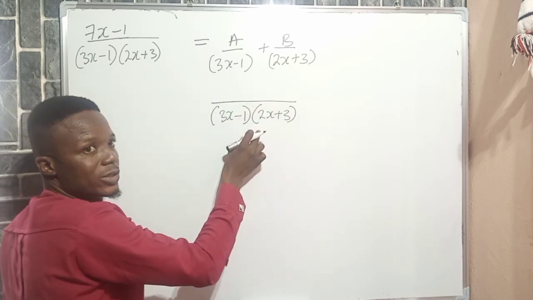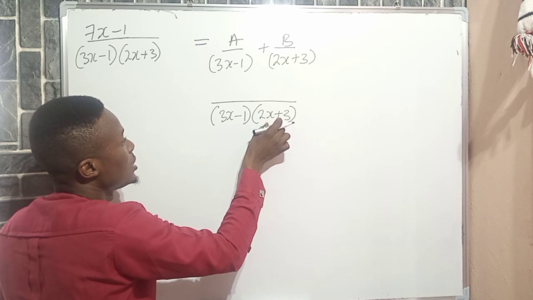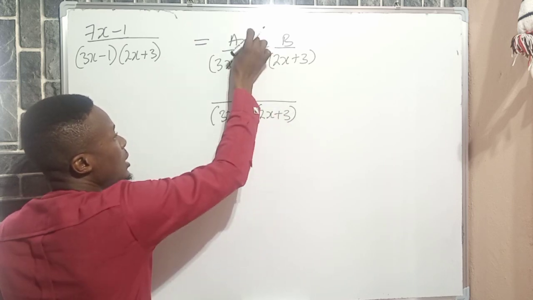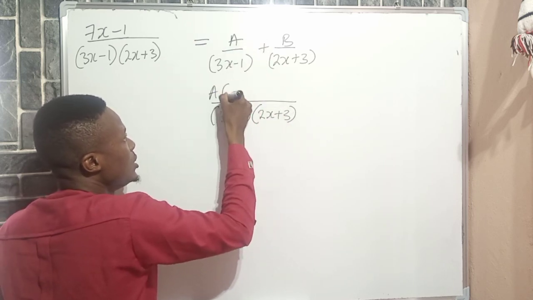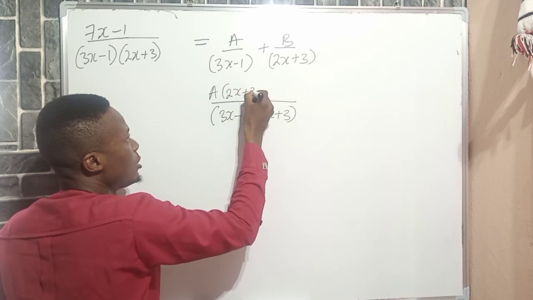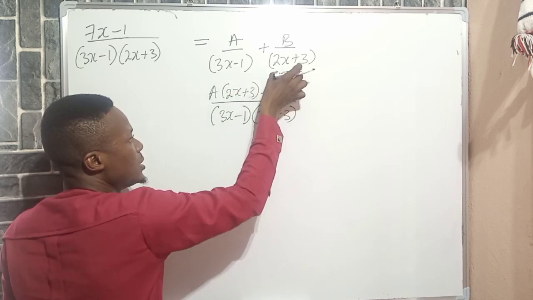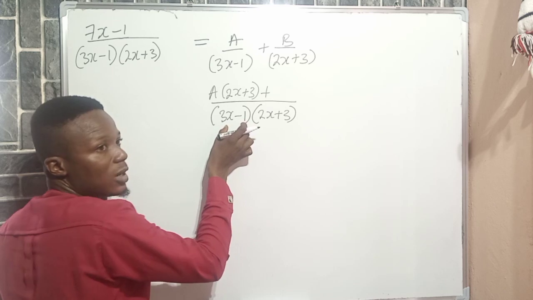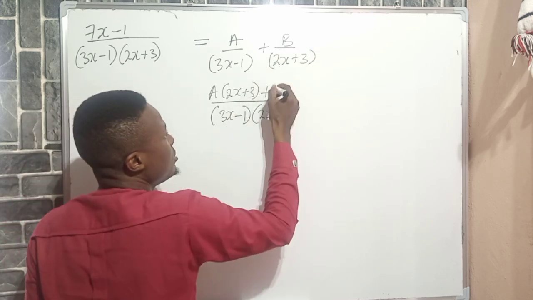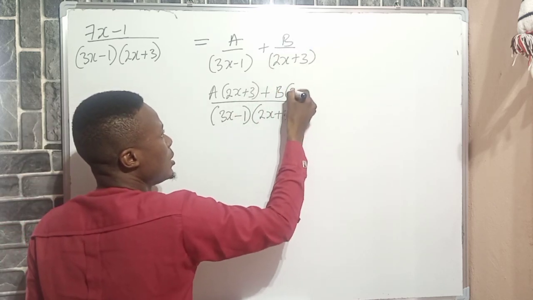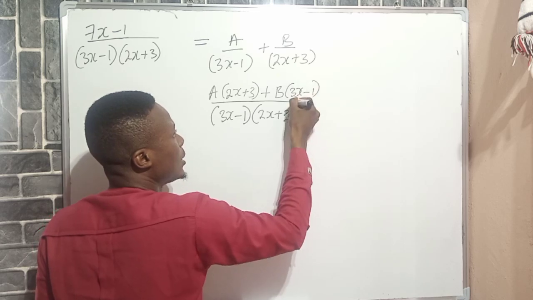This divides this to cancel itself, giving us 2x plus 3, multiplied by A, so we shall have A into 2x plus 3, plus this divides this, we shall have 3x minus 1, which we multiply by B, so B into 3x minus 1.